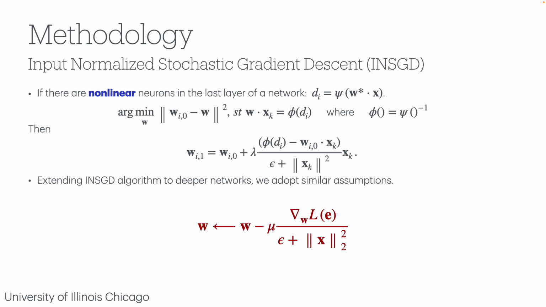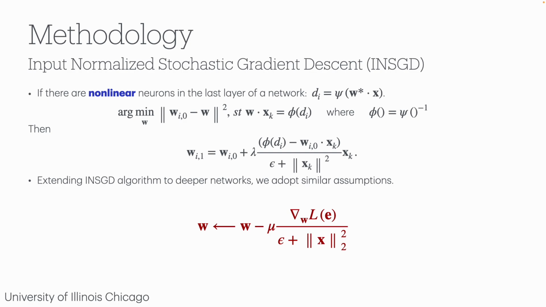So the only difference here is the use of the inverse function in the definition of the error. So using this assumption on nonlinearity, weights of every layer in a deep network can also be trained. So we can replace the dot product of the error and the input with the gradient of the cost function with respect to the weight, and we can normalize it with the square of the L2 norm of the input.